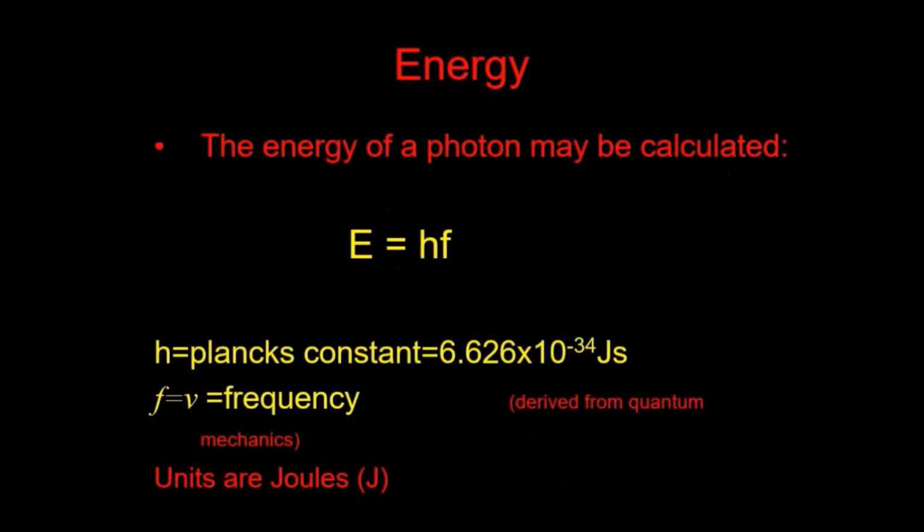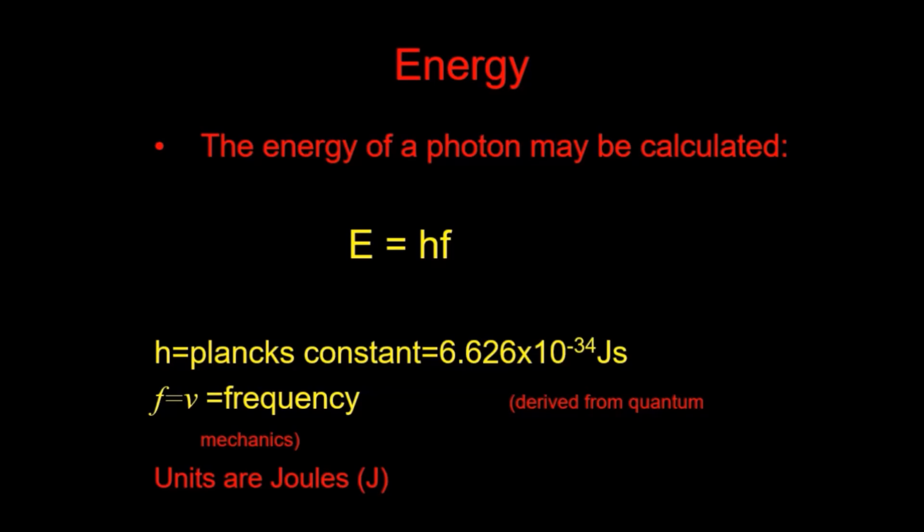Now, the energy of any particular photon was one of those things that really wasn't particularly calculated until the era of quantum mechanics, and with people such as Planck coming up with his constant. If we're to calculate the energy of a light wave, we really need to take into account how much energy is being delivered per second, which essentially relates to the frequency of our wave.